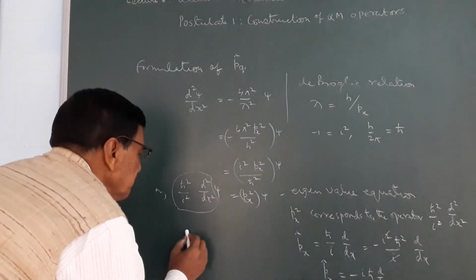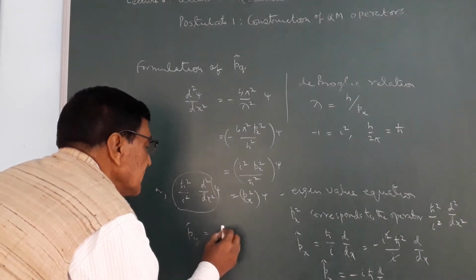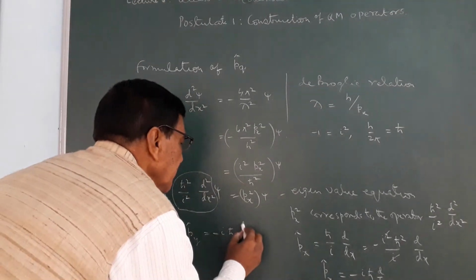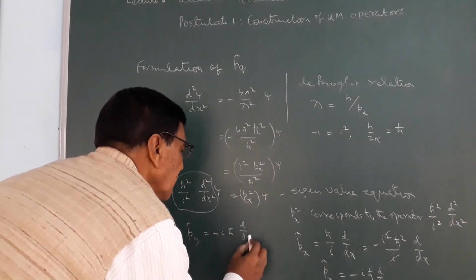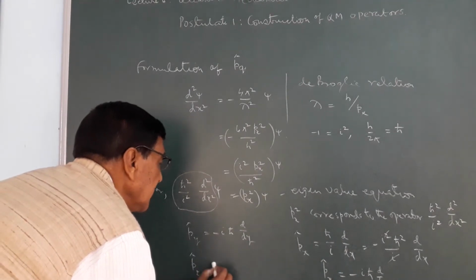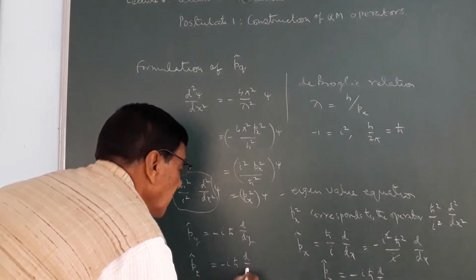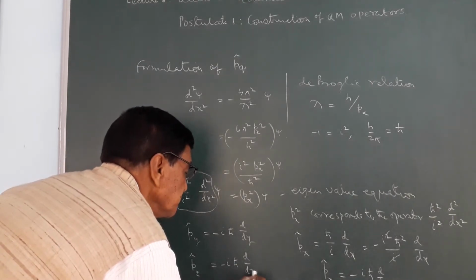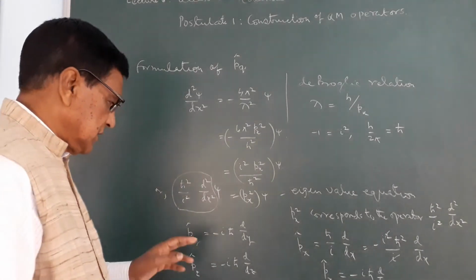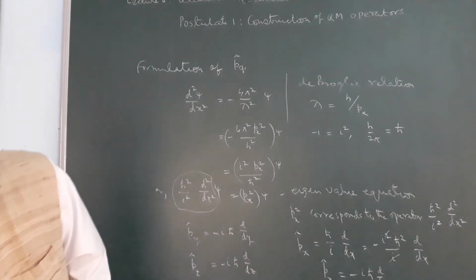Similarly, say py cap, you can write minus i h cross d by dy, and pz cap equal to minus i h cross d by dz. So these are the operators of px, py, pz in quantum mechanics.